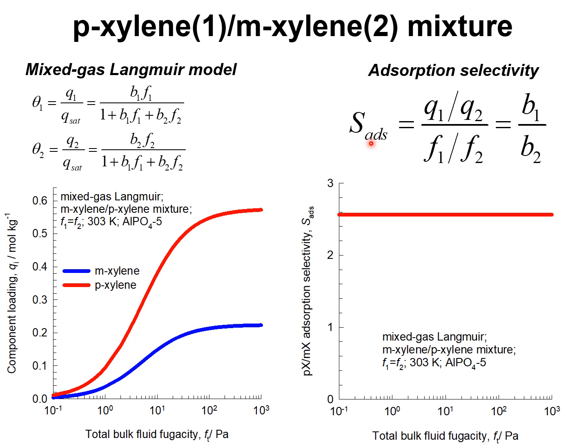The adsorption selectivity of component 1 with respect to component 2, paraxylene to metaxylene, is defined as the ratio of the component loadings to the corresponding ratio of partial fugacities, and from this expression we derive that the adsorption selectivity is simply the ratio of the binding constants for components 1 and 2.